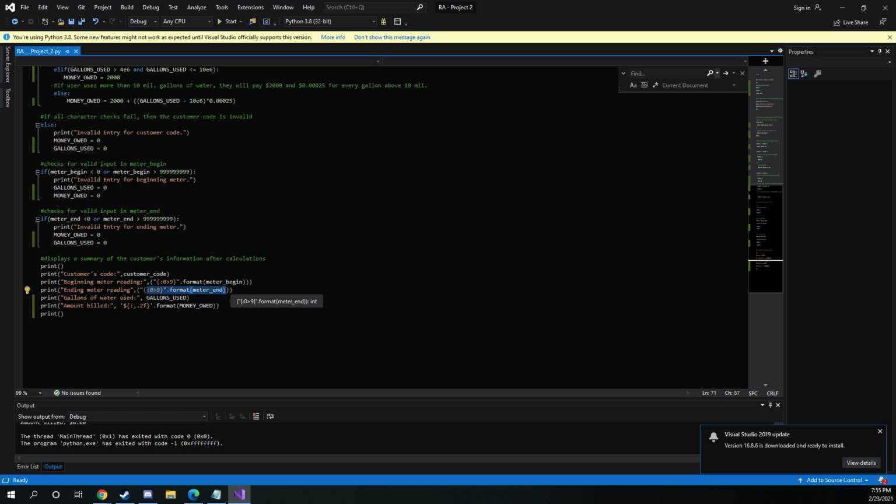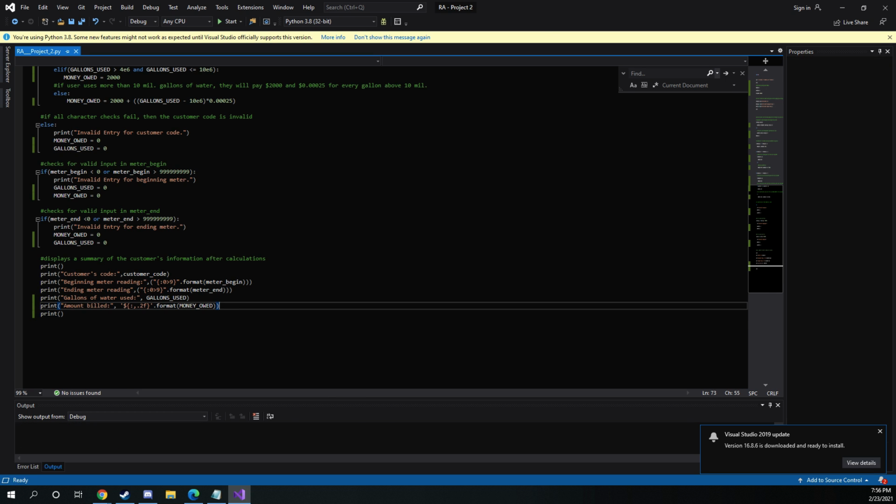So if they put in 5, it's really 0, 0, 0, 0, and all the way to 8, 5. And we also want to format the amount of money they owe so that we can have no spaces between the $ sign, and we can have commas each time that the money is separated in thousands. So like 1,000 or something like that.